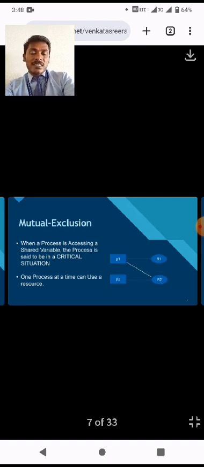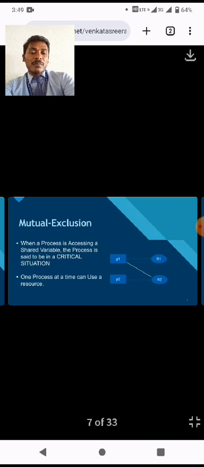During that accessing time, if another process or n number of processes try to access that critical resource, a deadlock occurs.